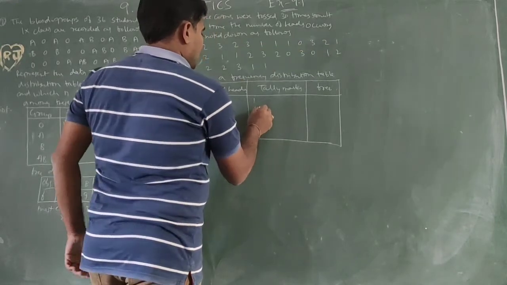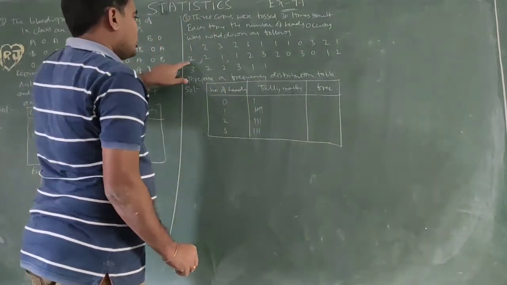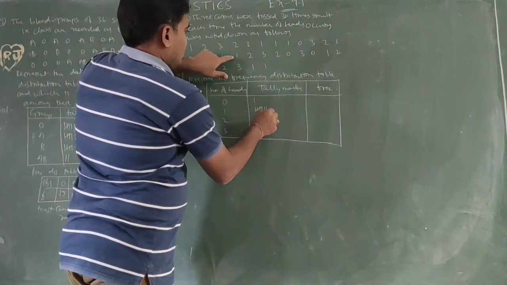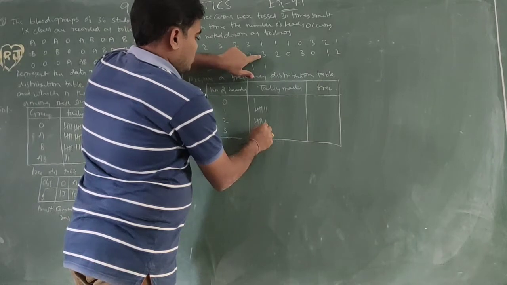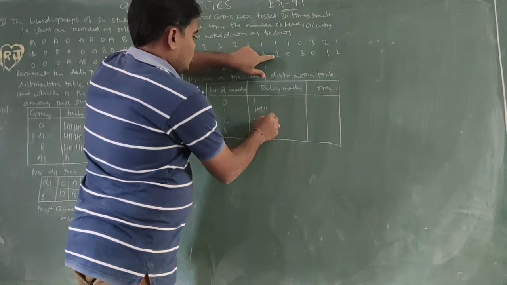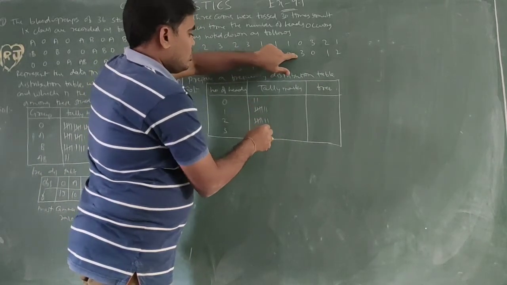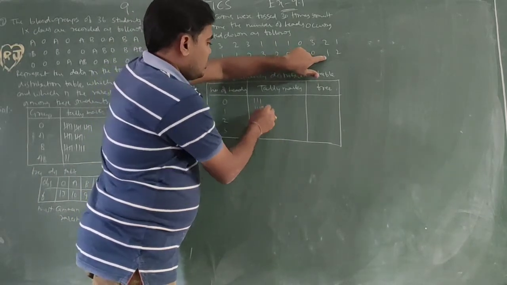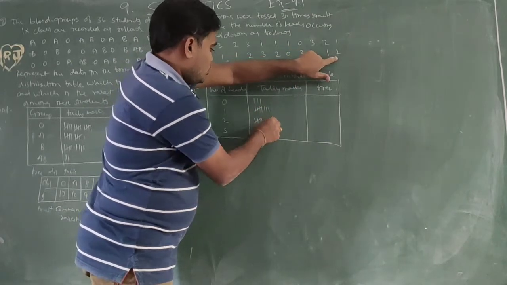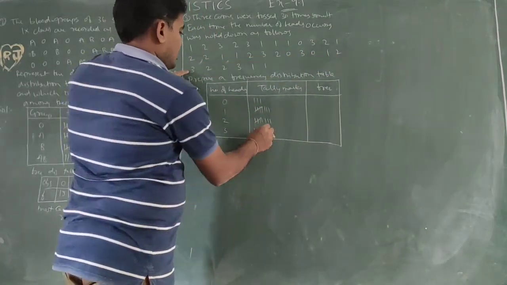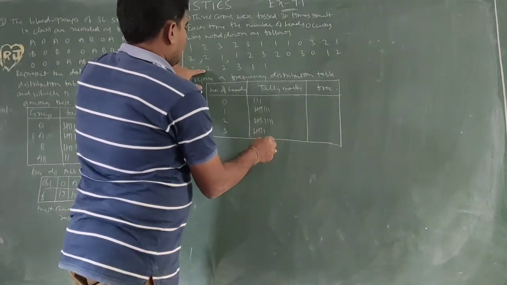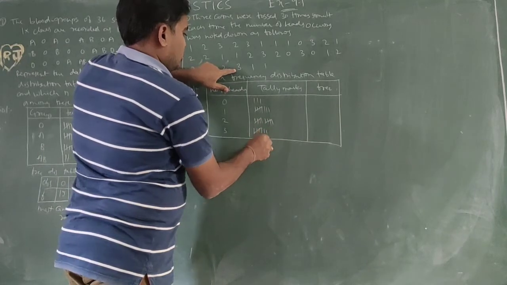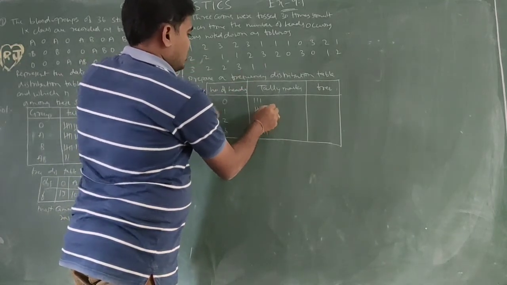1, 4 completed, fifth one. Next 2, 2, 1, 1, 2, 3, 2, 0, 3 completed, 0, 1, 2, 3, 2, 2 completed, 3, 1, 1.